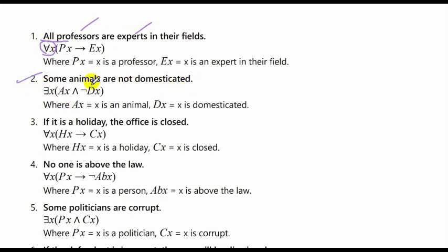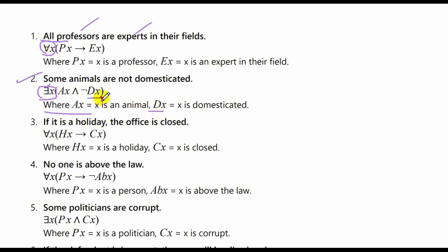Second, some animals are not domesticated. Now, if it is an animal, it needs to be domesticated, but some animals are not domesticated. So whenever you use "some", we are basically saying Ex, meaning for some x. For some x, there are animals and they are not domesticated. So we have to use the negation symbol. When we state what Ax and Dx mean, we always have to talk in the positive sense.